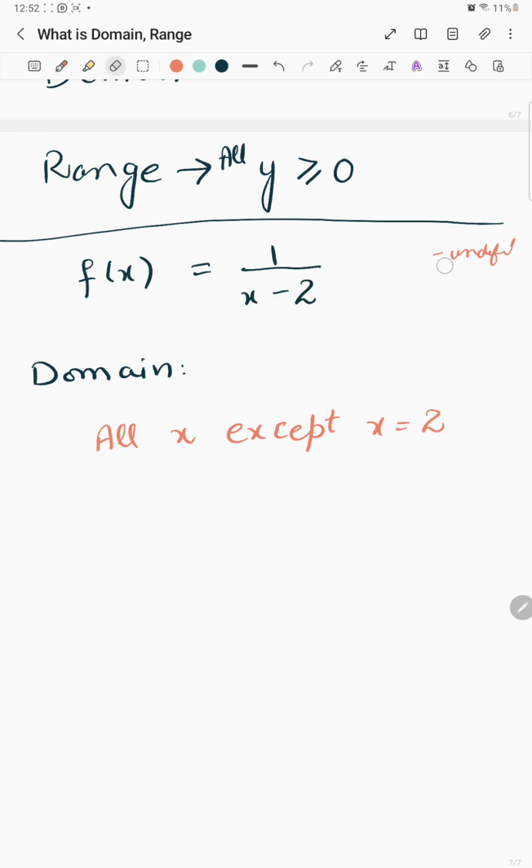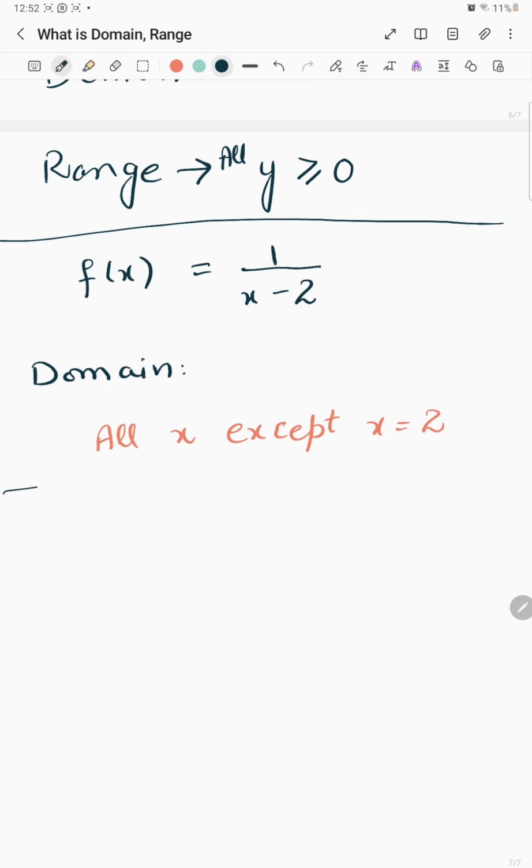So therefore in this function, as the input value, I can never put x is equal to 2. Apart from 2, I can put any value for x and it will give me some answer. So what is the domain of this function? All x except x is equal to 2.